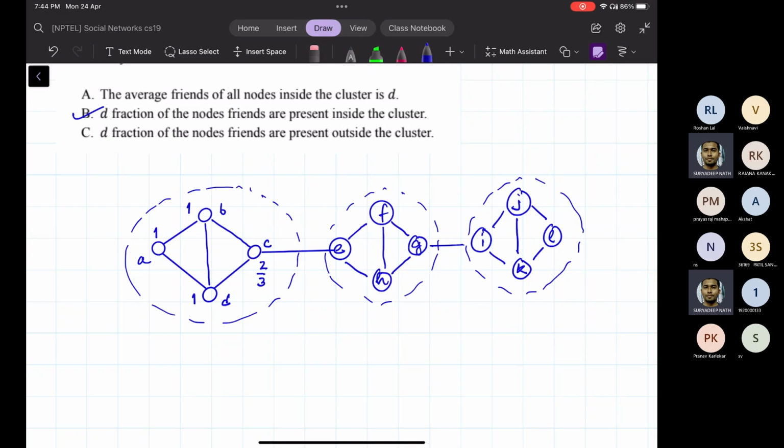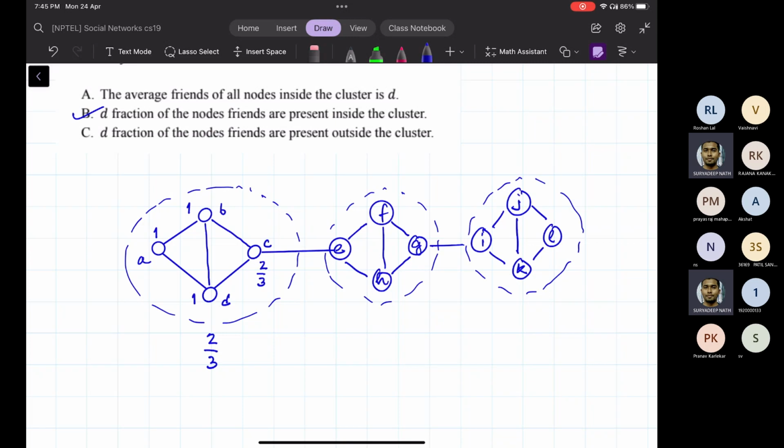So you have two friends that are within the cluster and one friend outside the cluster. Cluster density is the minimum fraction of friends that the nodes have within the cluster. So all these nodes A, B, C, D have at least two-thirds of friends in this cluster.